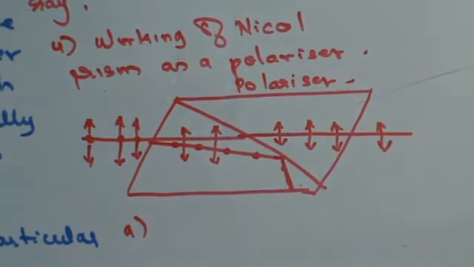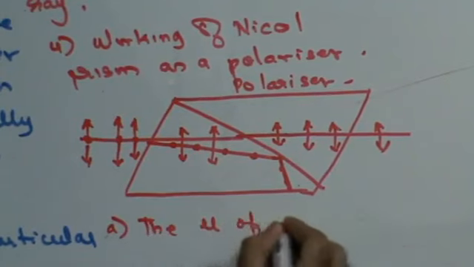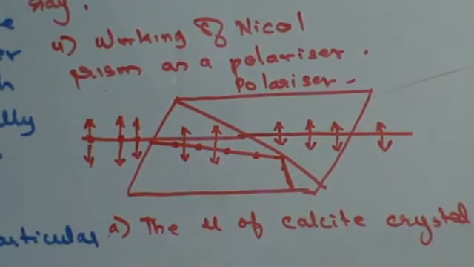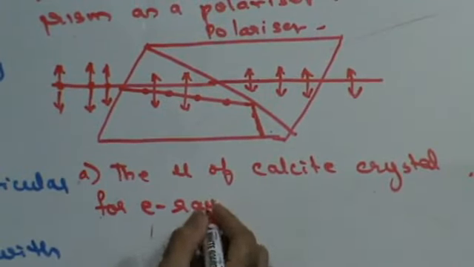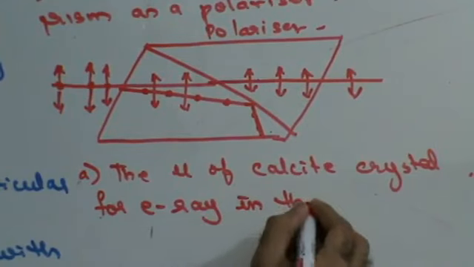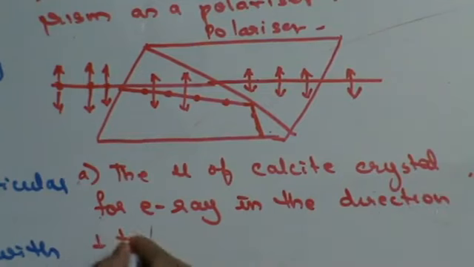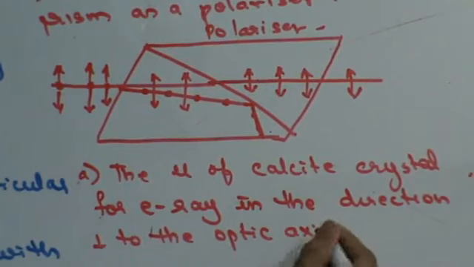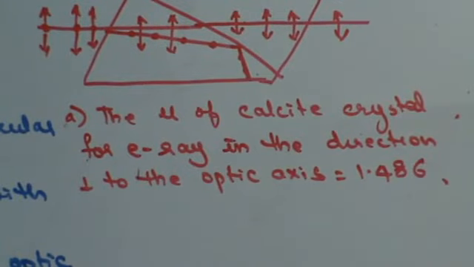Now I can say that the refractive index of the calcite crystal for the extraordinary ray in the direction perpendicular to the optic axis is 1.486, right?